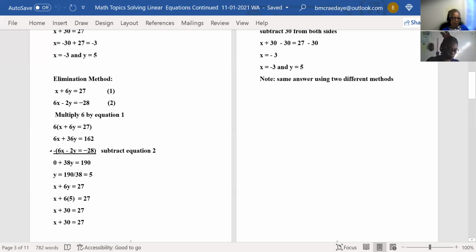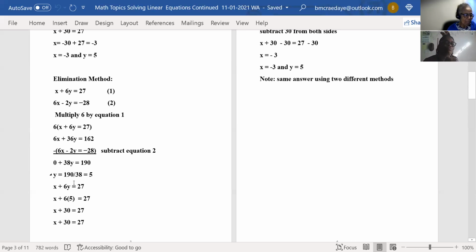So when we subtract 6x from 6x, we get 0. 36y minus minus 2y, minus minus gives you plus, so that gives you 38y. 162 minus minus 28 is 162 plus 28, which gives you 190. So 38y equals 190. Divide both sides by 38 and you get 5.